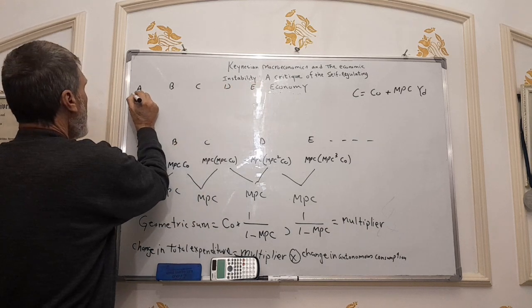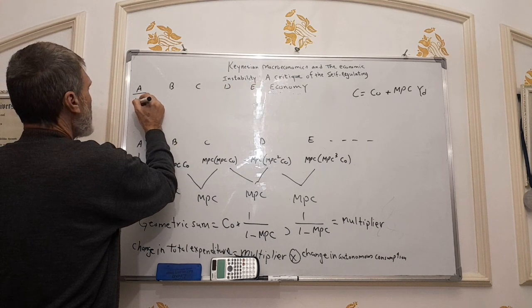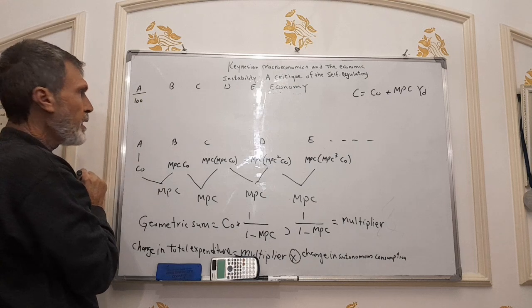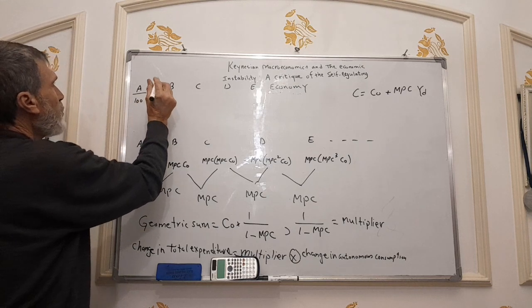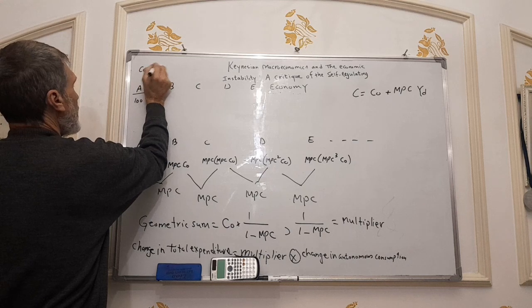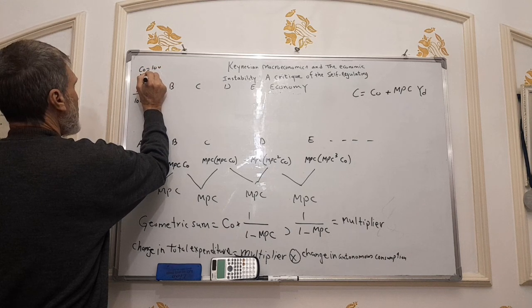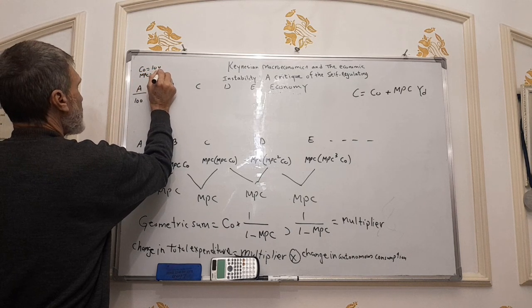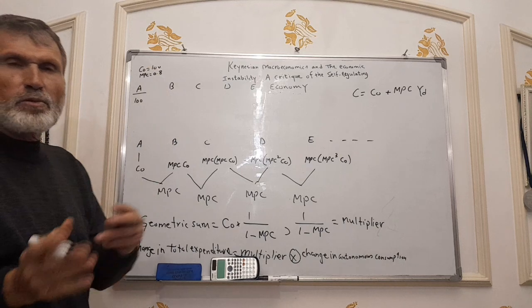Okay, A spends, let's say, $100. Suppose here C0 is equal to $100, and then MPC is equal to 0.8. We said that MPC is between 0 and 1.